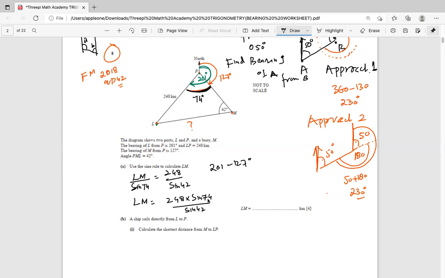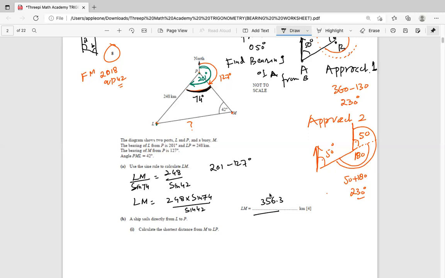Now let's get the result. 248 into sine 74 is equal to 238.39 divided by sine 42 closed. So the length is 356.3. That's the length, LM.